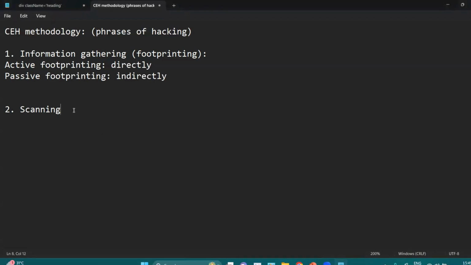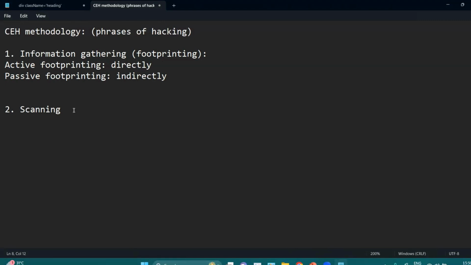Now, for example, let's say you want to hack my system or my bank account. First you will collect my information like my name, my surname, my age, my experience, my company name, my bank name. In active footprinting, you come and ask me for my information directly.